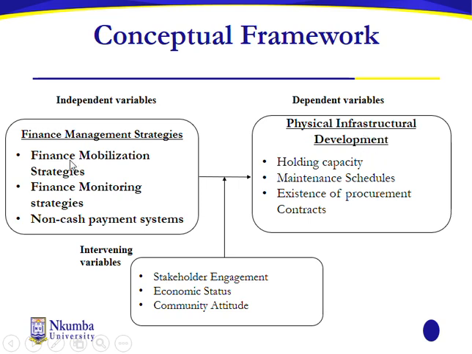That when they are not there, they can indicate that physical infrastructure development, even if people wished, may not be achievable. You see that? So this one is saying, if you go to a school and ask, do you have a finance mobilization strategy? They are OBs whom you gather and then tell them we have a building, we want to put up a hostel. If they don't gather OBs, what of parents? They don't mobilize them. Then possibly you could say that's why the infrastructure development is not there.